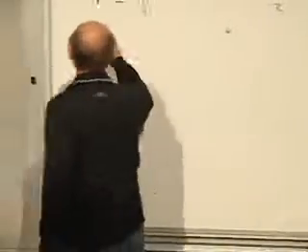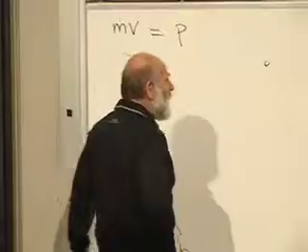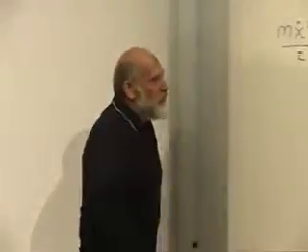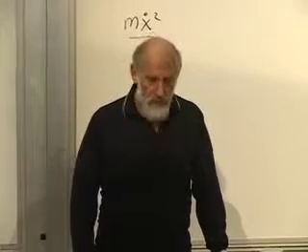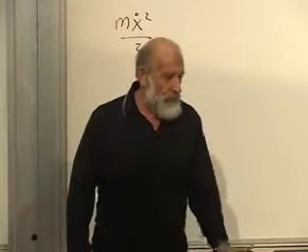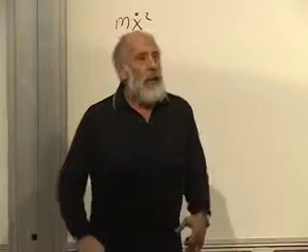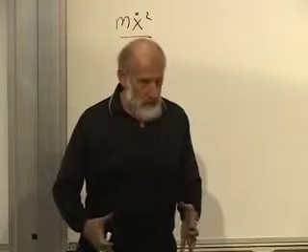First one is just m times v. Second one is partial of L with respect to q dot. Now, the third one, which is not usually called momentum, it's not considered a definition of momentum. It's a theorem about conserved quantities.